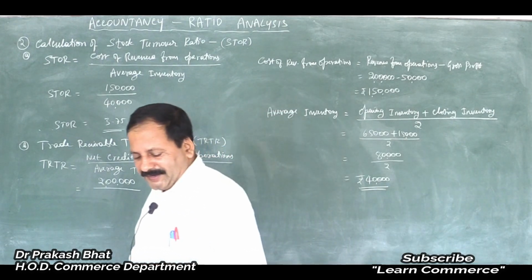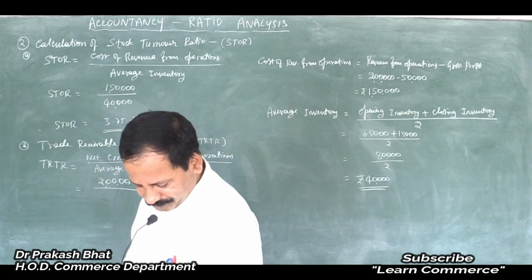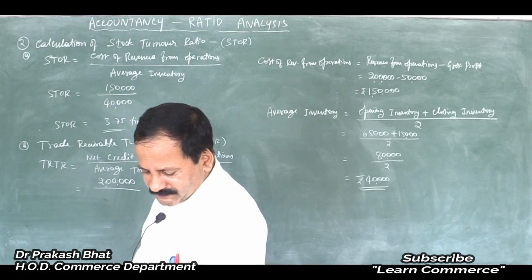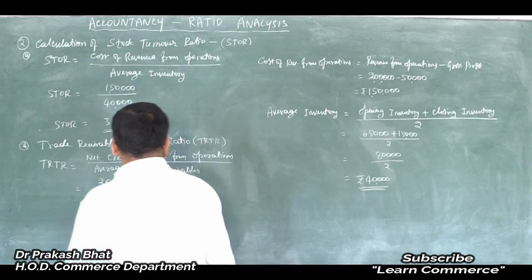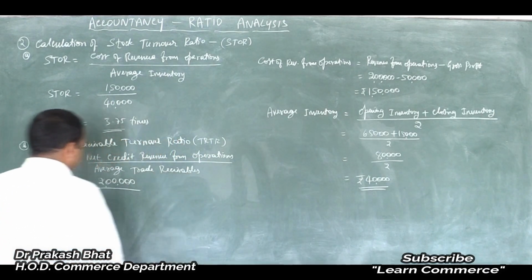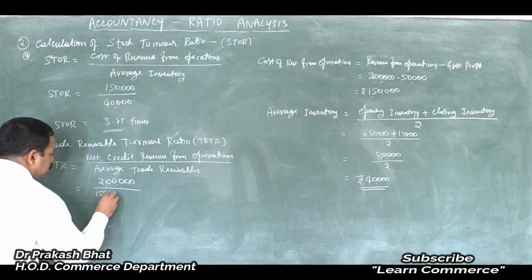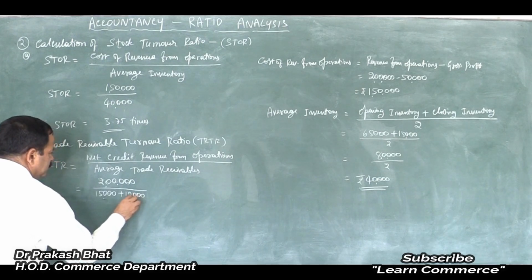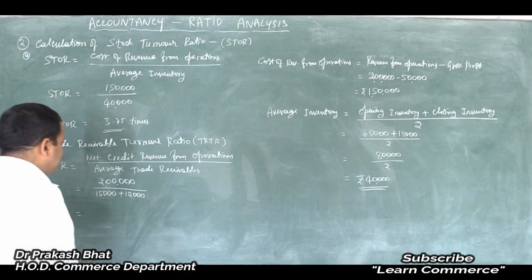So debtors and bills receivable. Yes, second problem, sundry debtors and bills receivable 15 and 12. 15 plus 12 is equal to 2 lakh divided by 27,000.